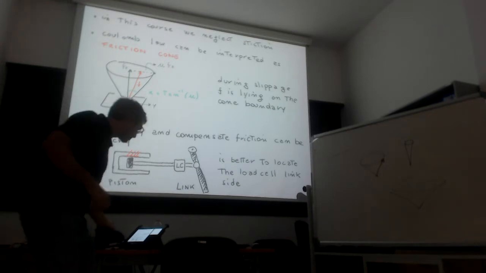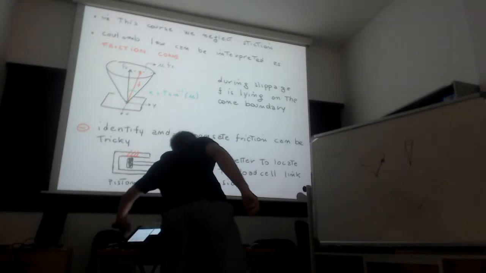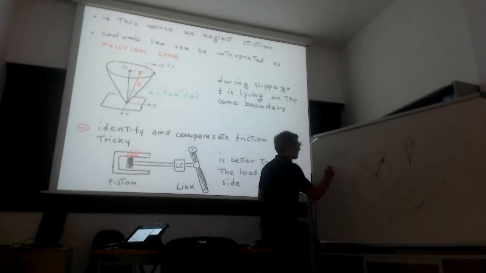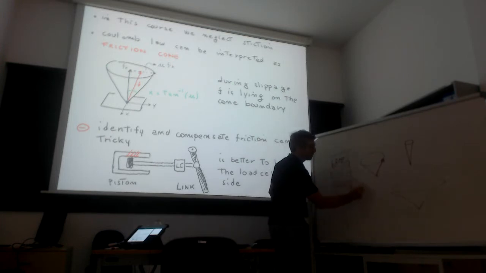In an electrical motor you have the coils, you have the current, but then the magnetic field makes the rotor rotate, which is this one, and there are bearings here.